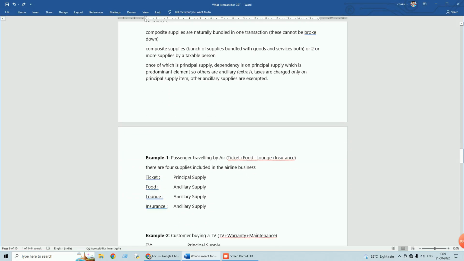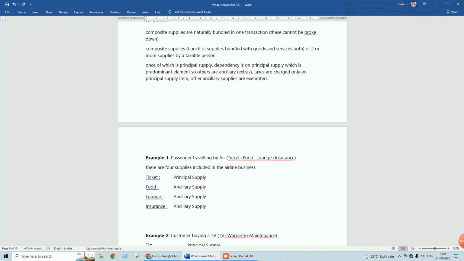I'll give you one example of composite supplies. A passenger is traveling somewhere and buys an air ticket. Along with the ticket, the provider will provide food, lounge and insurance. So there are 4 supplies included in the airline business: ticket, food, lounge and insurance.